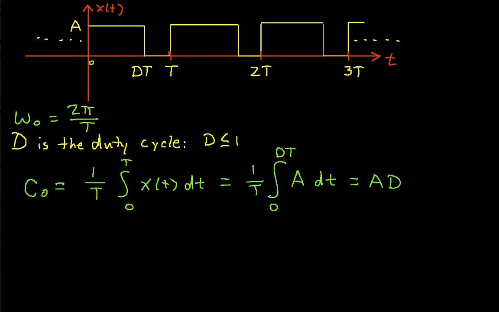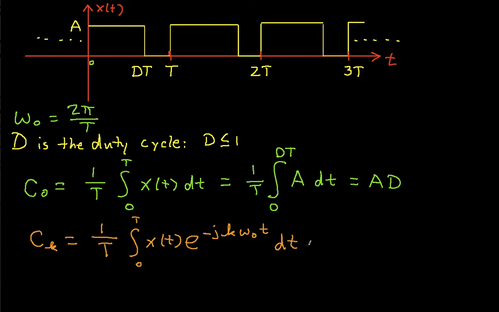So let's go ahead and do c sub k, where k is not equal to 0. This is again going to be 1 over T, the integral from 0 to T, x(t) times e to the minus j k omega 0 t dt.